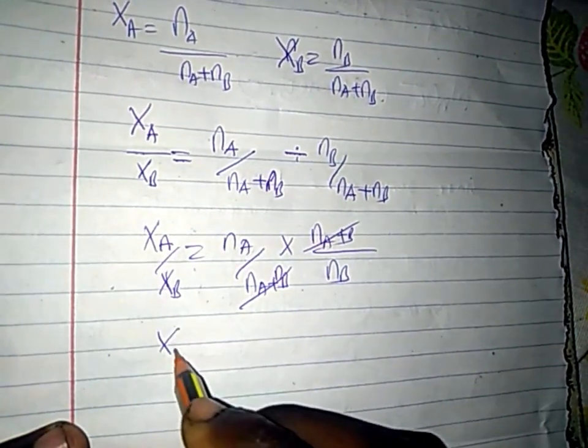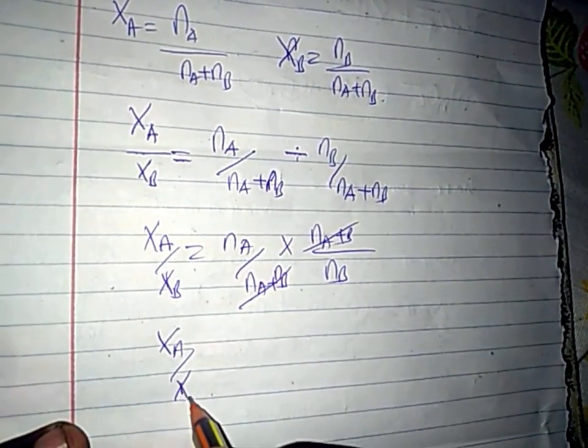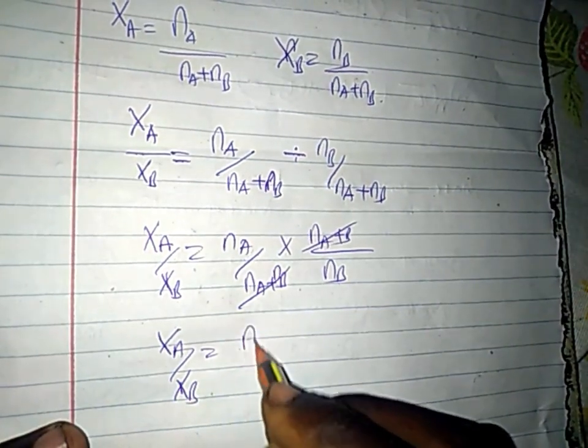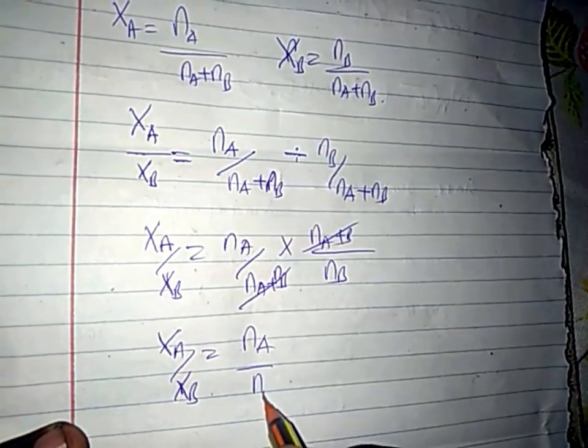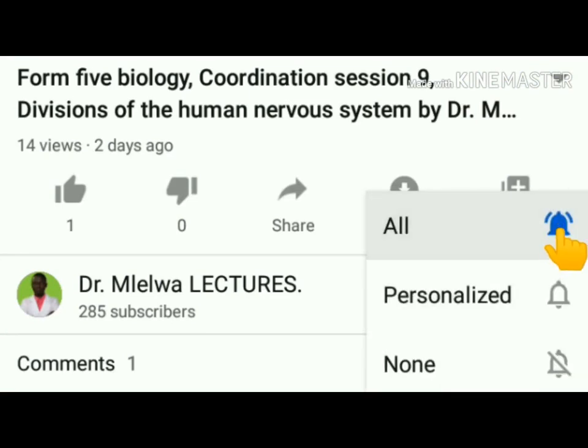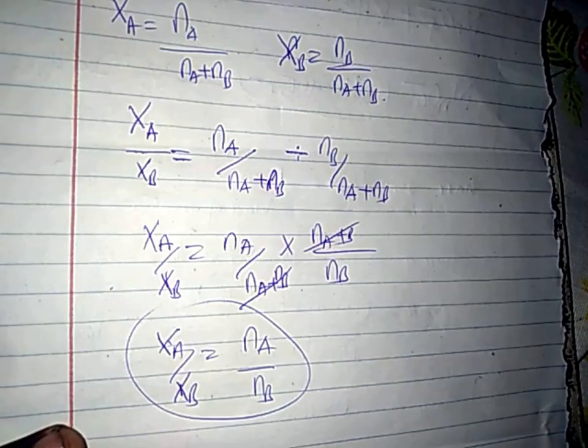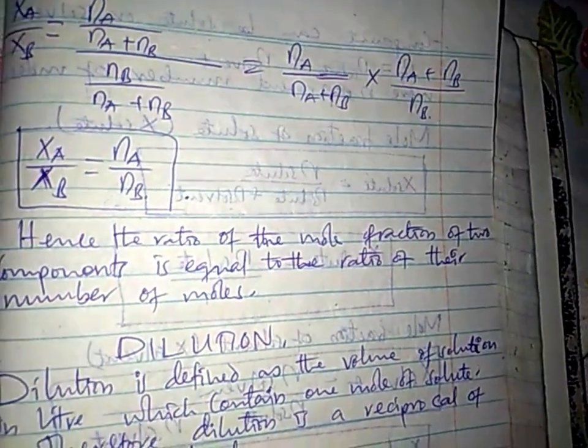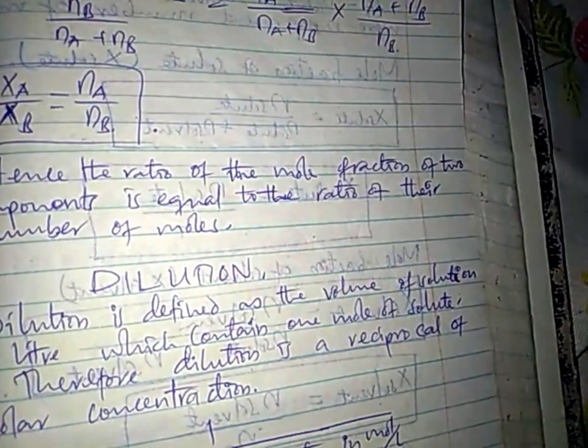We'll end up with mole fraction of A divided by mole fraction of B equal to number of moles of A divided by number of moles of B. So this is the simple derivation of what we have said.